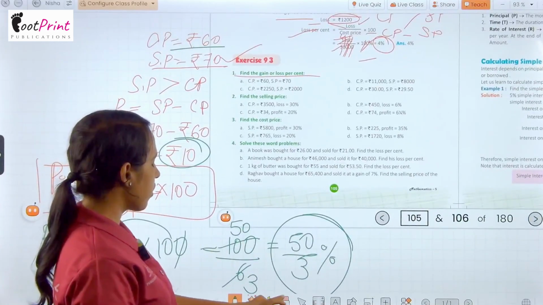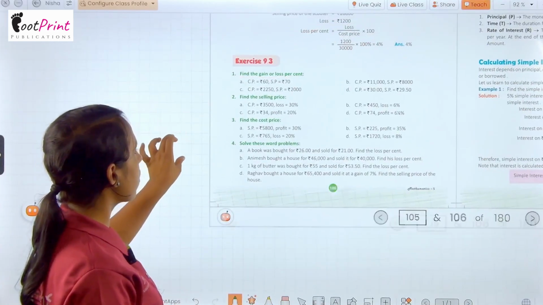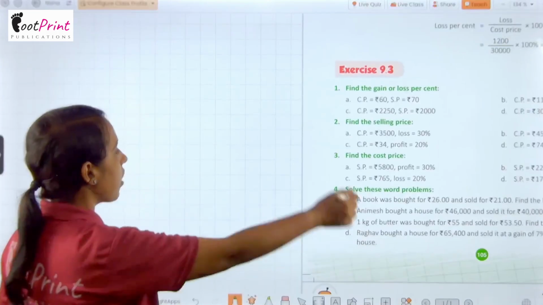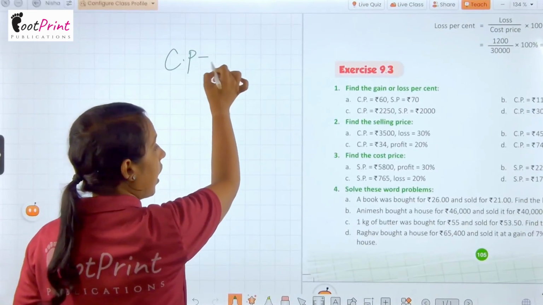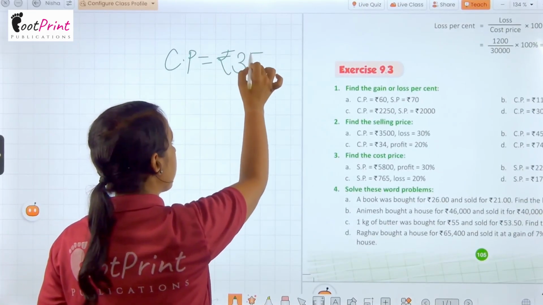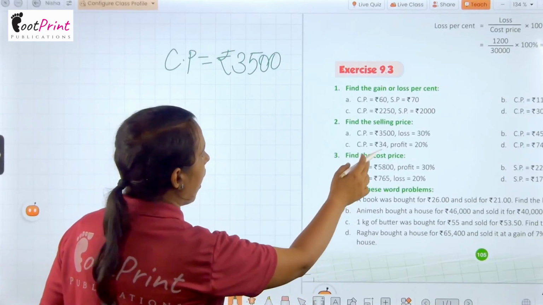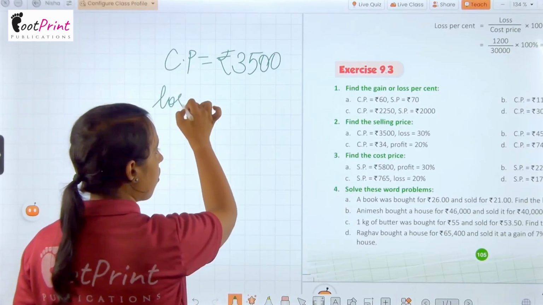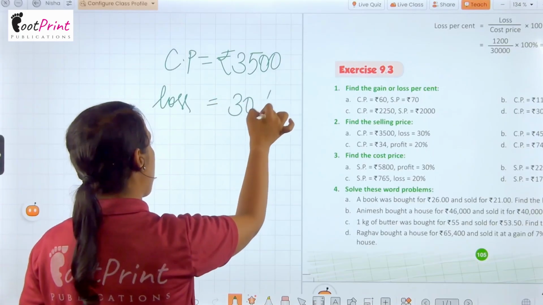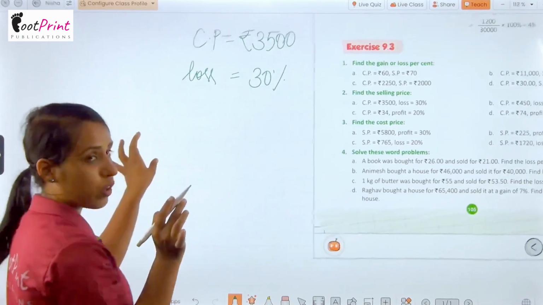Now we have to find the selling price. So how do we find out the selling price? Let's see here. Here is given is CP, that is 3,500 rupees we can say. Okay, and the loss is of 30%. So how do we find out the loss, actual loss?